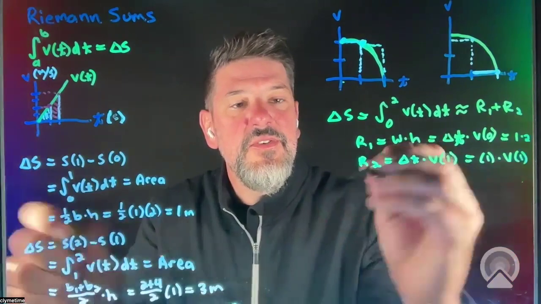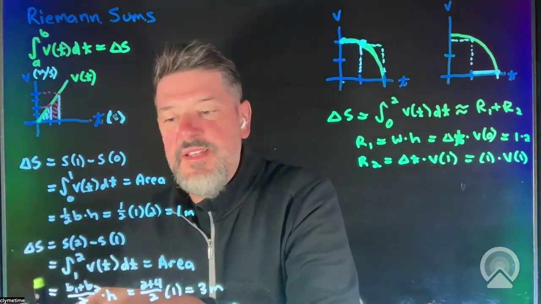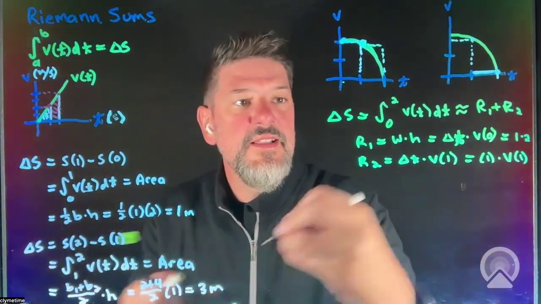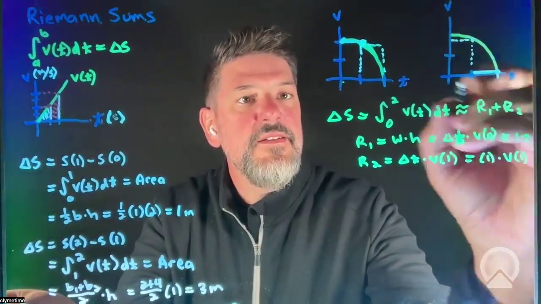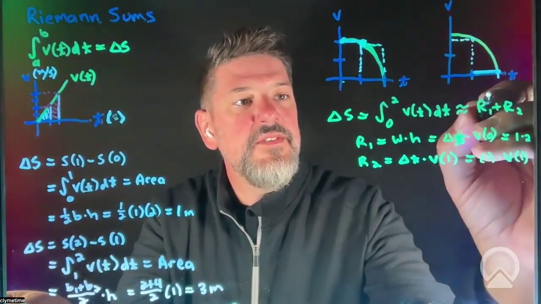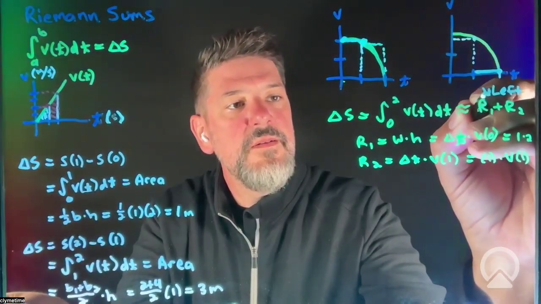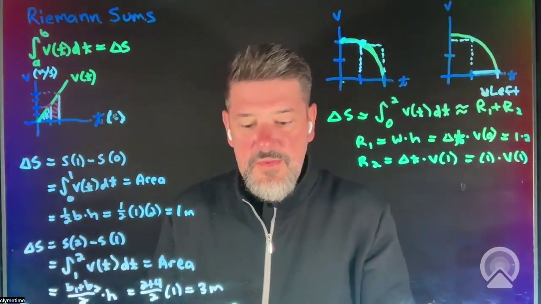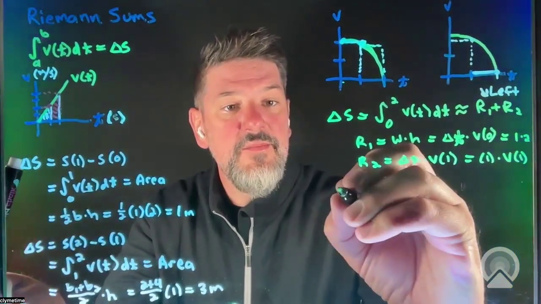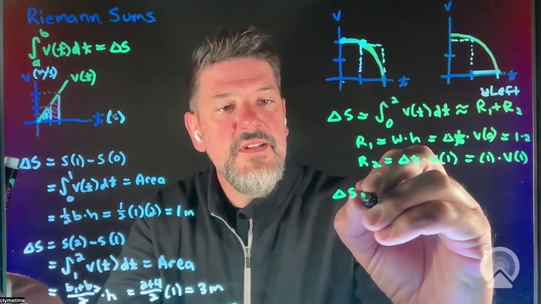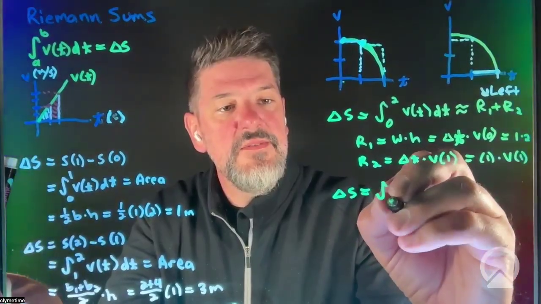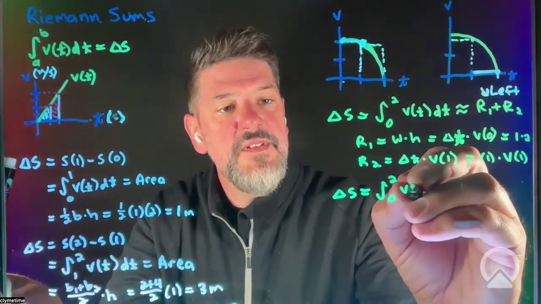So change in position. Well, actually, let me first identify that this one was the left right here. And so now we're going to do the same thing, but now with the right endpoint. So I say change in S is exactly equal to the integral from 0 to 2 of v(t) dt.